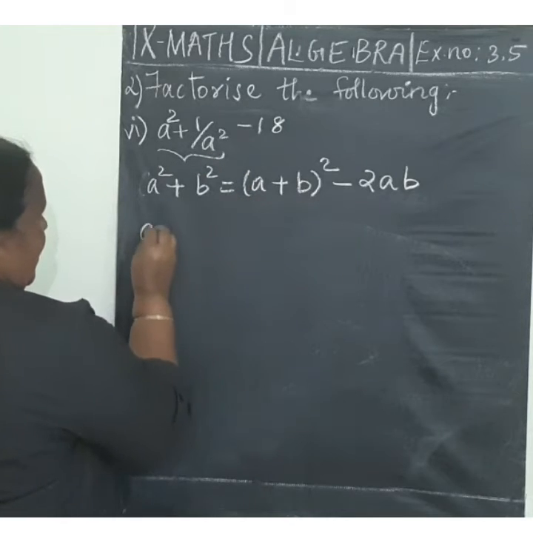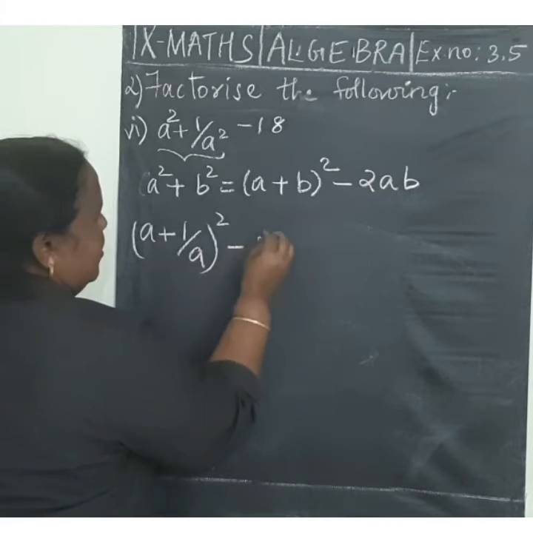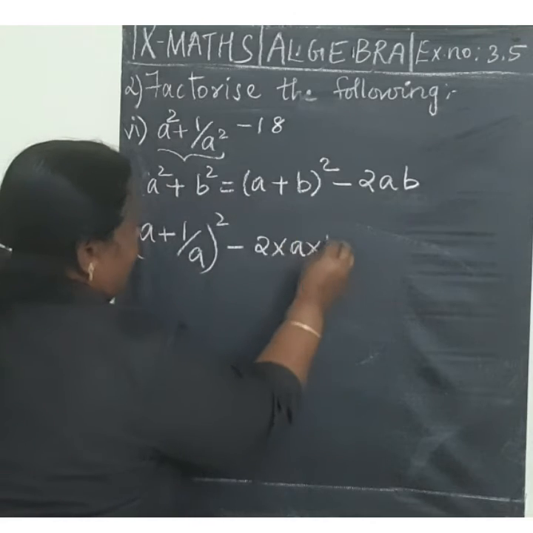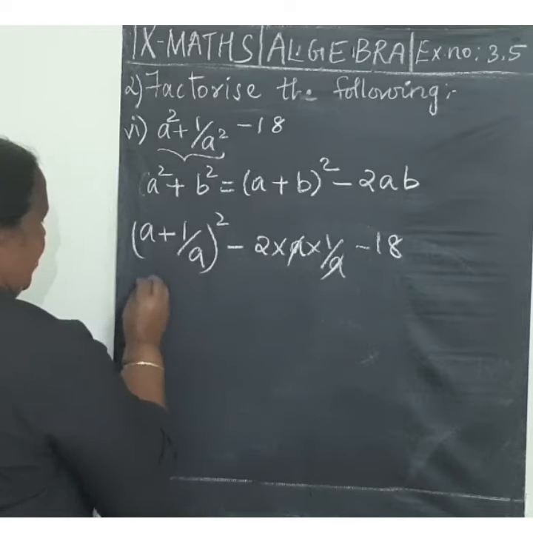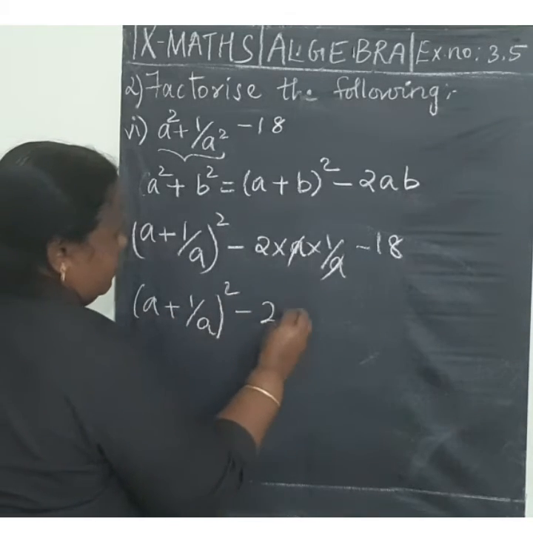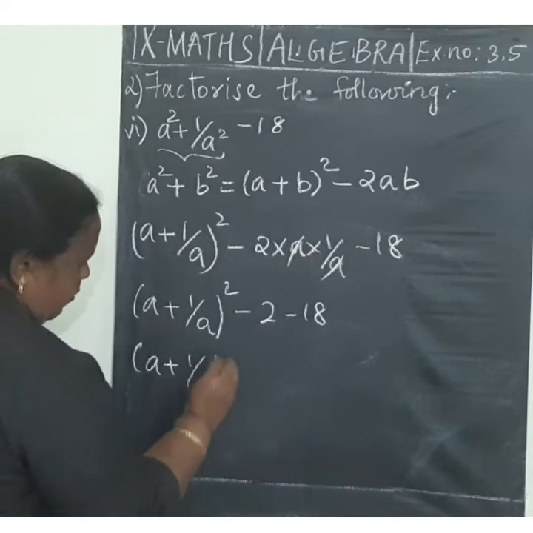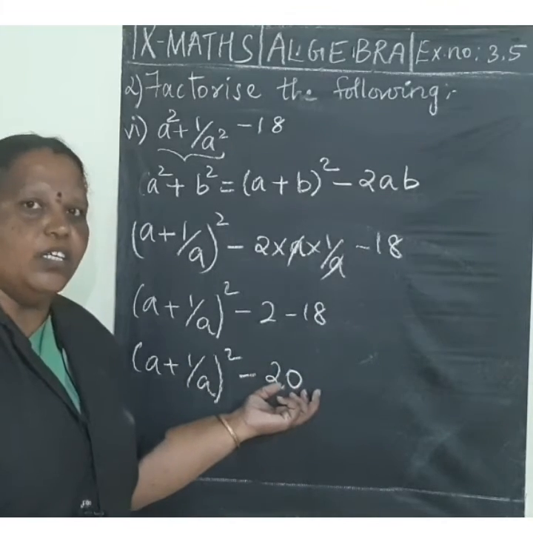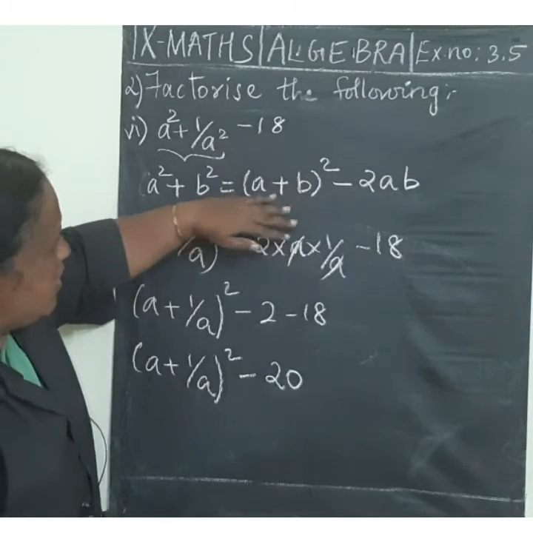So a plus 1 by a the whole square minus 2 into a into 1 by a, here minus 18. So a will get cancelled, we will be getting a plus 1 by a the whole square minus 2 minus 18. So a plus 1 by a the whole square minus 20. So this 20 is not a square number. So here we can't use this identity.